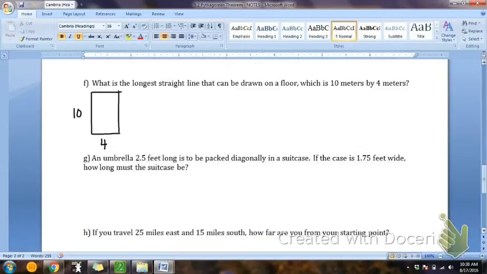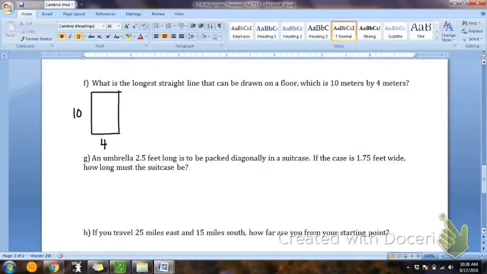What is the longest straight line that can be drawn on a floor? What line are we talking about? The hypotenuse, but I don't have a hypotenuse. Those of you that do construction or carpentry, what's the longest straight line in a rectangle? I'm looking for a word that starts with a D. Yes, the diagonal.